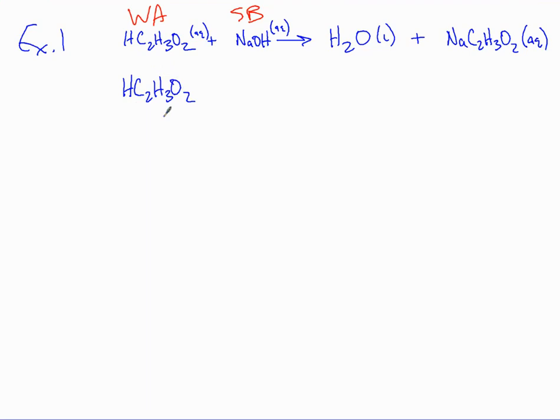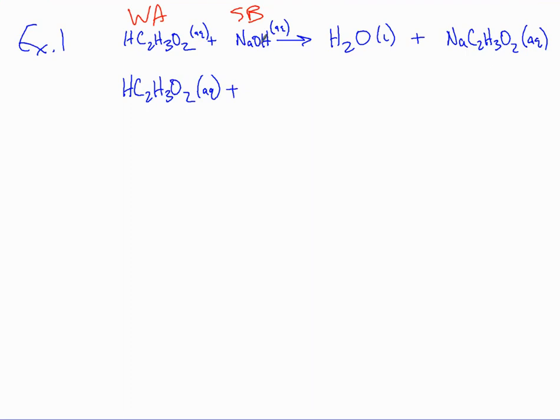I have to put the aqueous on this. But then when we look at the second reactant, it's a strong base. So everything of this strong base is going to be sodium ions and hydroxide ions.